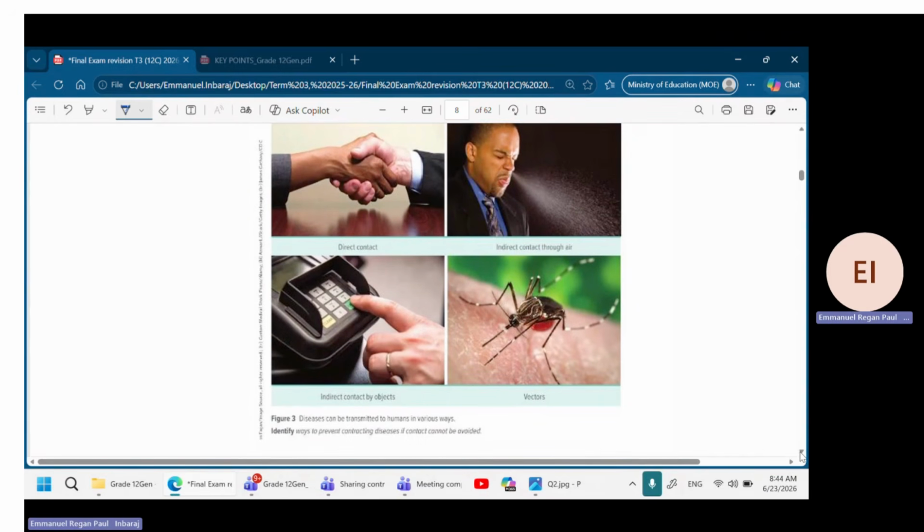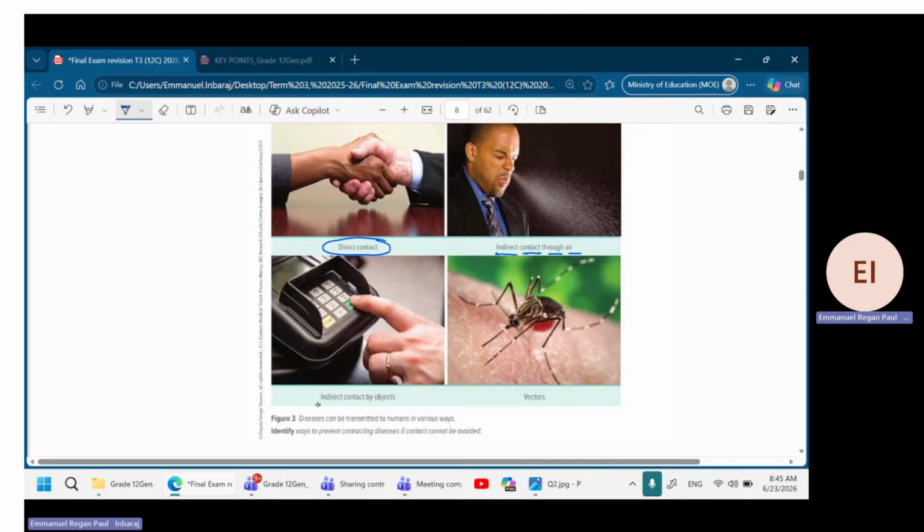They will give you a picture for this question. You see, directly 2 people are shaking hands. So this is called direct contact. You see here, this is not direct contact. 2 people are not in contact. This is indirect contact. See, he is passing it in the air. So indirect contact through the air.